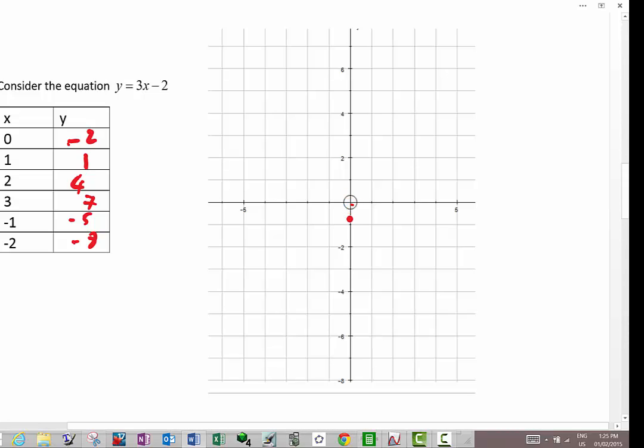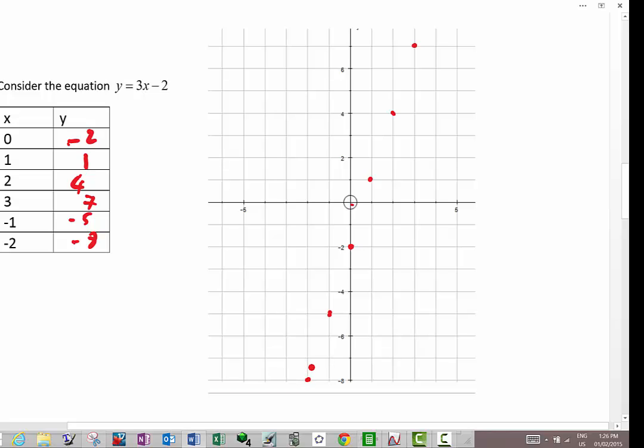So 0, minus 2: when x is 0, y is minus 2. 1, 1: when x is 1, y is 1. 2, 4: when x is 2, y equals 4. When x is 3, y equals 7, so 3, 7. And for good measure, the negatives: when x is minus 1, the y coordinate is negative 5, and when x is minus 2, the y coordinate is minus 8.